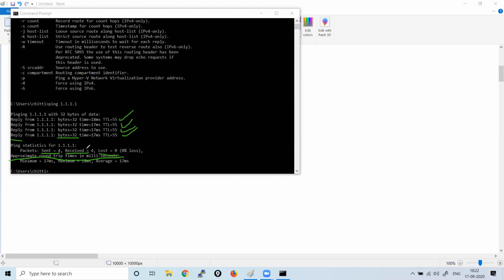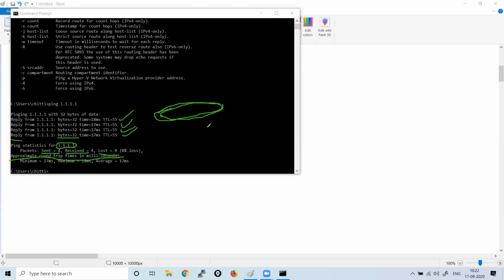Now, ping statistics for this specific IP address is shown below. Now, approximate round trip times in milliseconds. What does that mean? It is how much time is taken from my source to destination and vice versa. This is called round trip, to and fro.